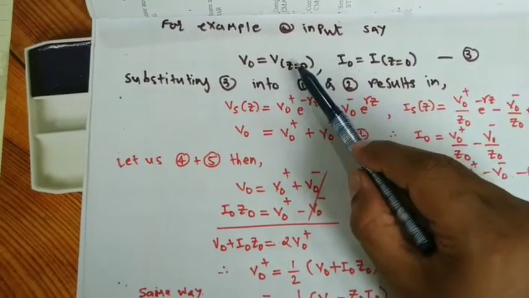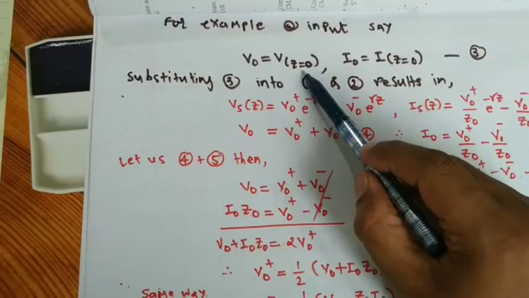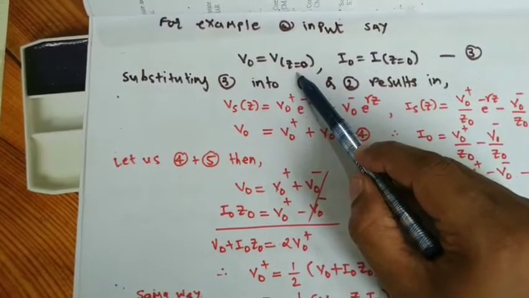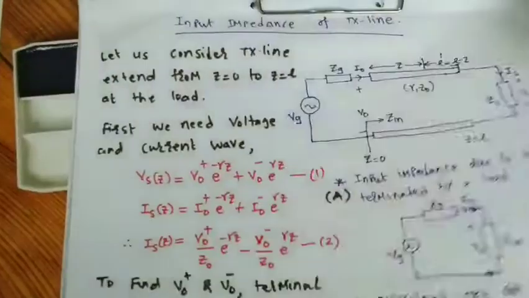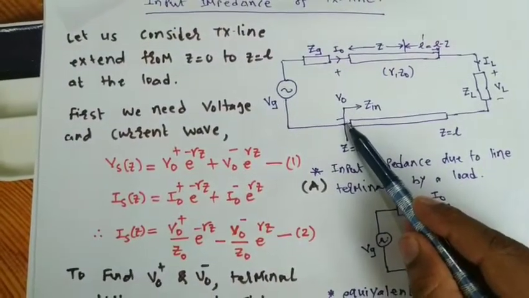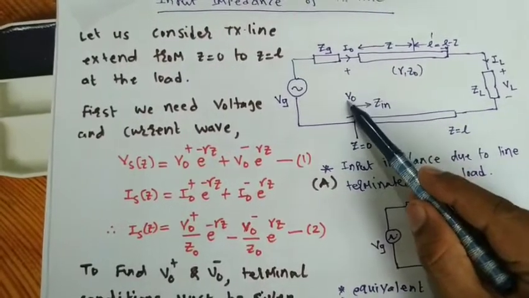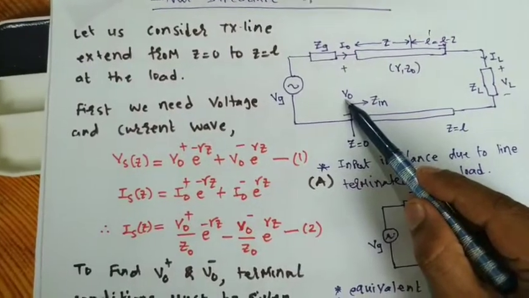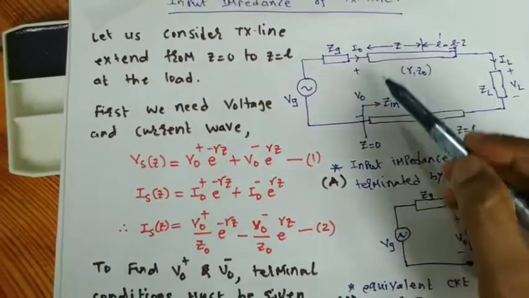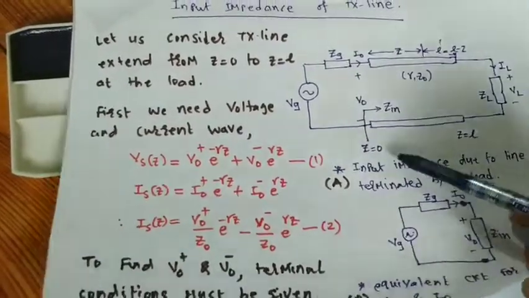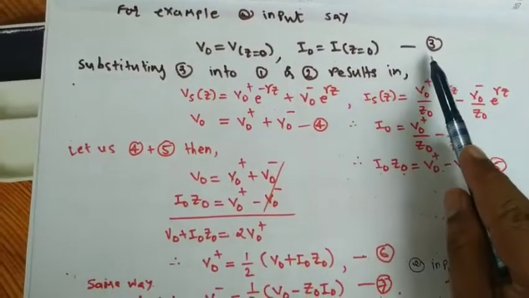It means that at the input point at the generator side, the voltage which is established we denote by V0, and the current at Z equal to 0 is denoted by I0. So these terminal conditions we have now imposed.